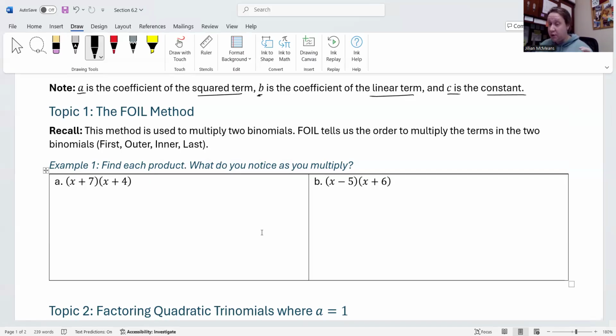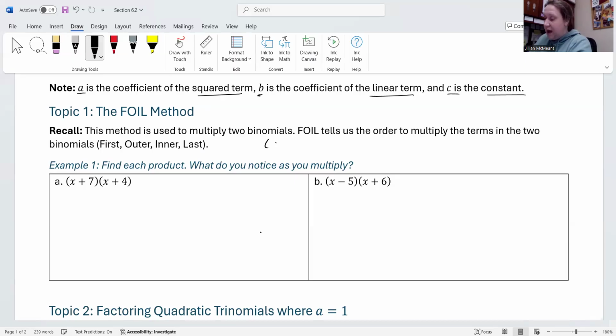So F stands for multiply the first terms in each binomial. O stands for outer, which means multiply the first term of the first binomial and the last term of the second binomial. I stands for inner terms, so the two terms in the middle, so the last term of the first binomial, first term of the second binomial, and then finally L stands for last, which means multiply the last terms in each binomial.